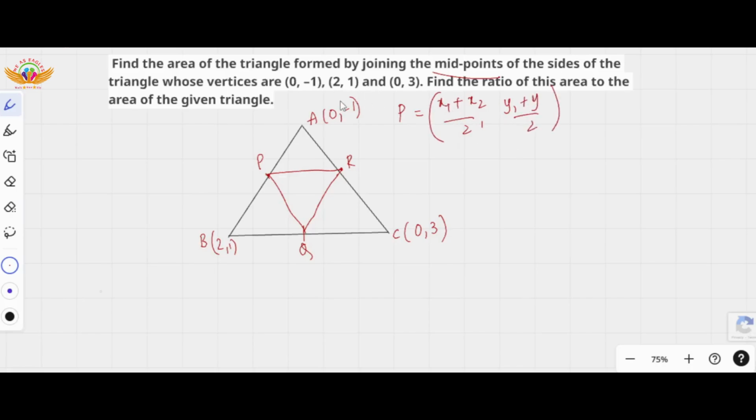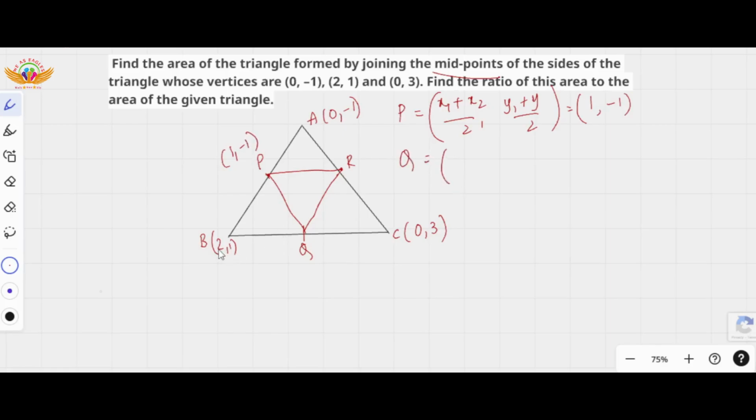So this is x1 y1, x2 y2. Directly substituting here: 0 plus 2 by 2 becomes 1, comma minus 1 plus 1 by 2 becomes 0. Let us go with the Q point.